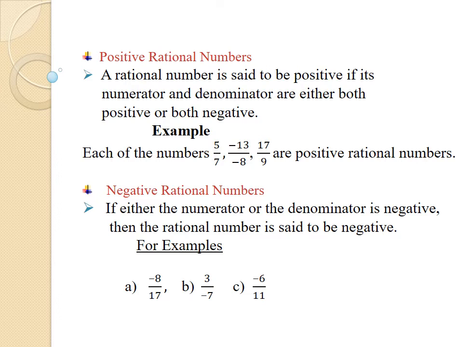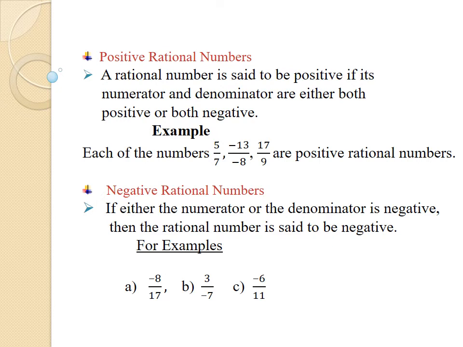Example b, minus 13 upon minus 8 is also a positive rational number because both numerator and denominator have a common sign, that is negative. Similarly, 17 upon 9 is a positive rational number because both numerator and denominator are positive.